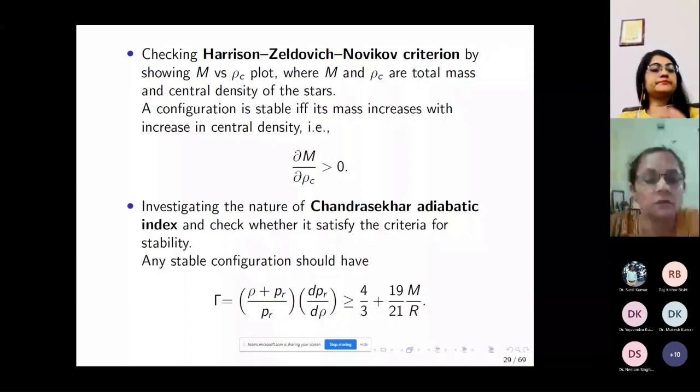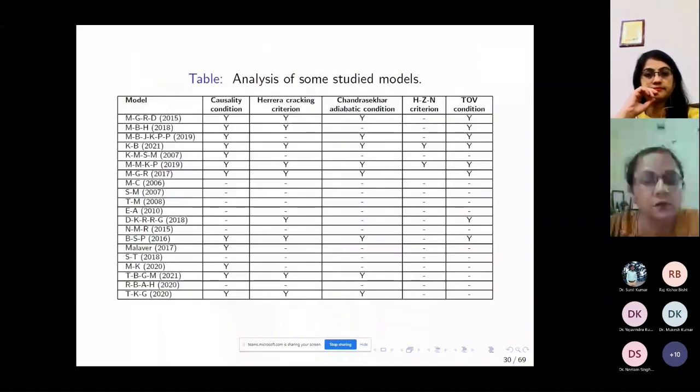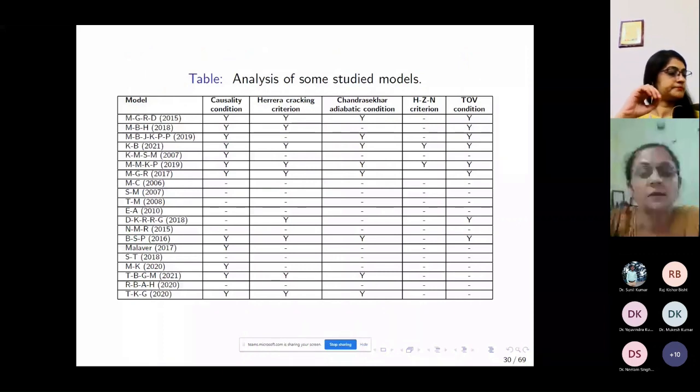Here I have shown a few models in the table that are capable of satisfying these stability criteria.